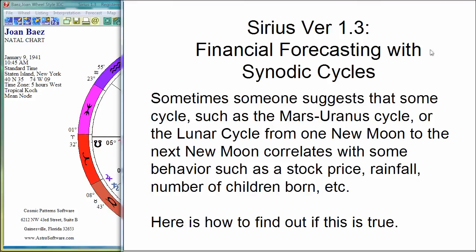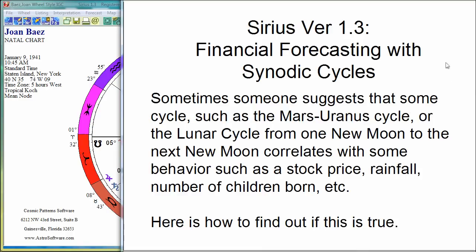The idea comes up sometimes that there's some cycle of two planets that correlates with something like rain or stock prices or the Dow Jones Industrial Average or something like that. An example is that I'll read what I've written here in the PowerPoint slide.